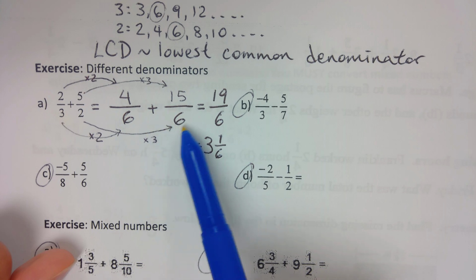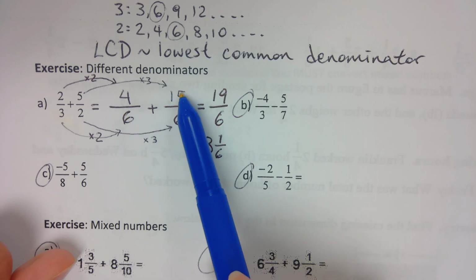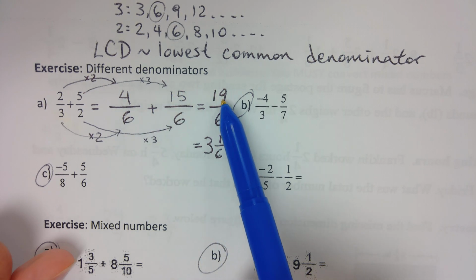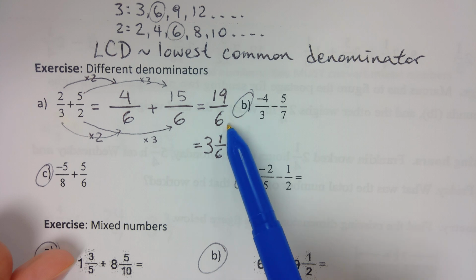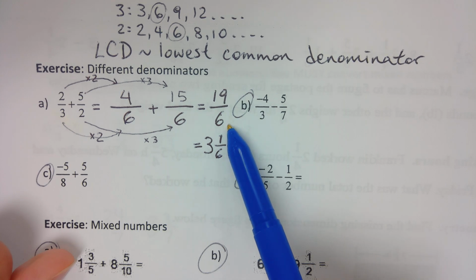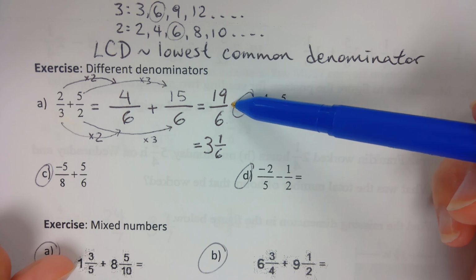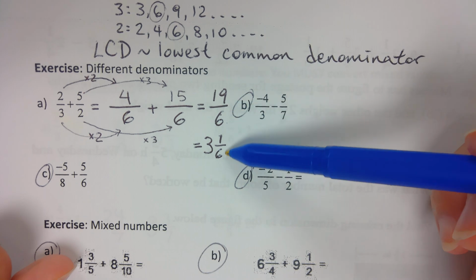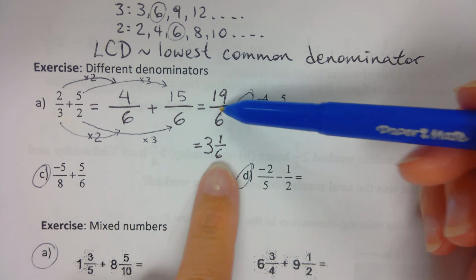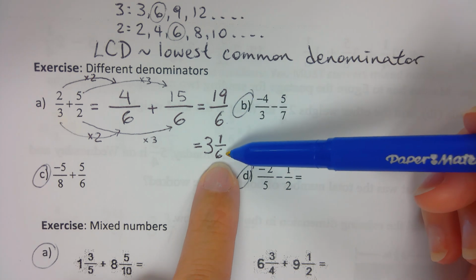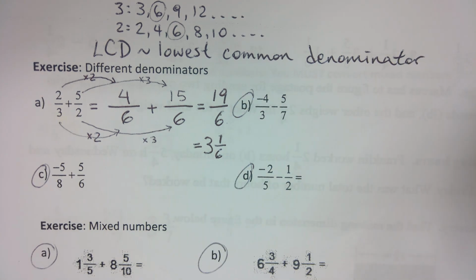Now that I have the denominator the same, I can just add my numerators together, 4 and 15, and I get 19 over 6, not 12. 19 over 6. Right? The denominator doesn't change. And as I said, for the final answer, you always have to change it back to a mixed number. So you can do the long division or the shortcut long division and get 3 and 1/6. Okay.